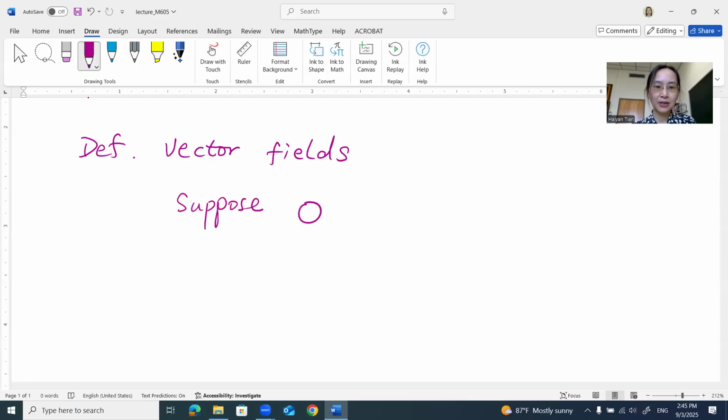Suppose here's this O, which is a subset of Rn. This O is an open set. And a vector field on O is simply a function defined on this open set.